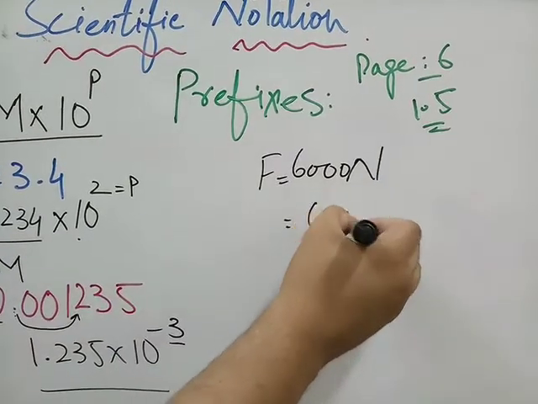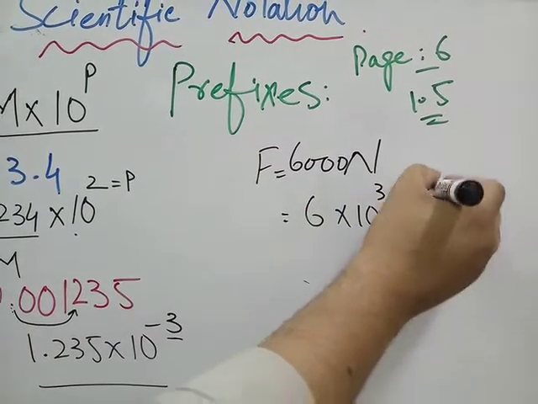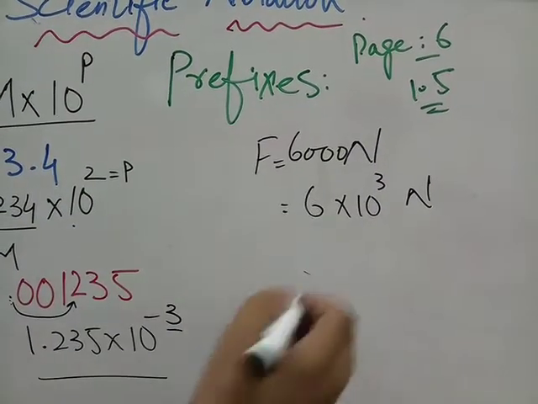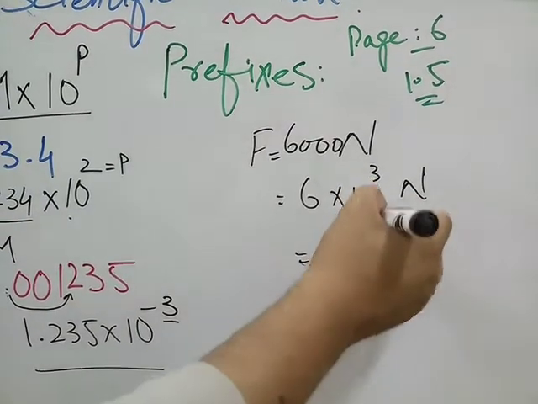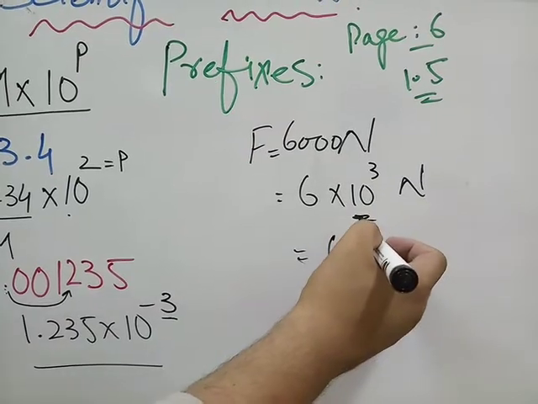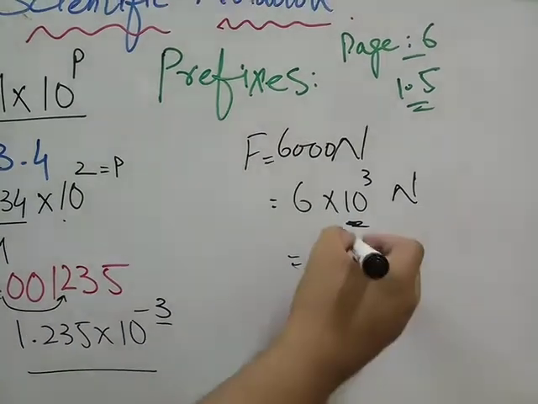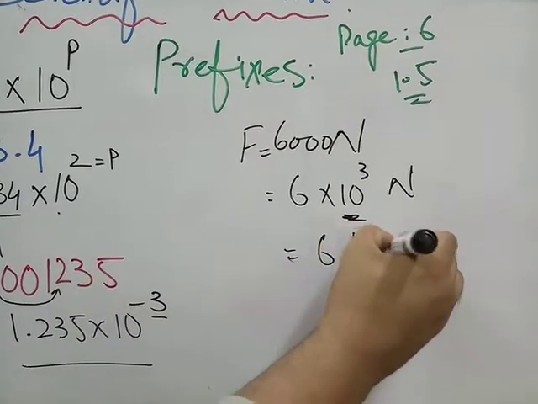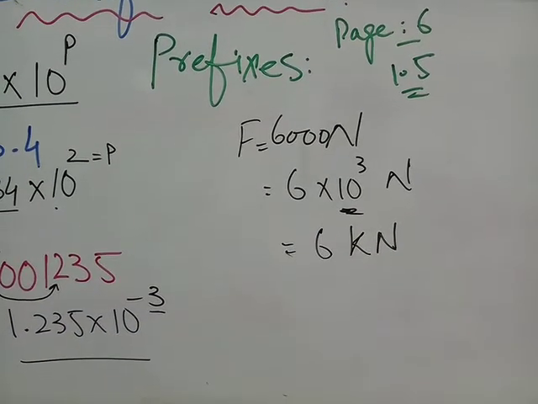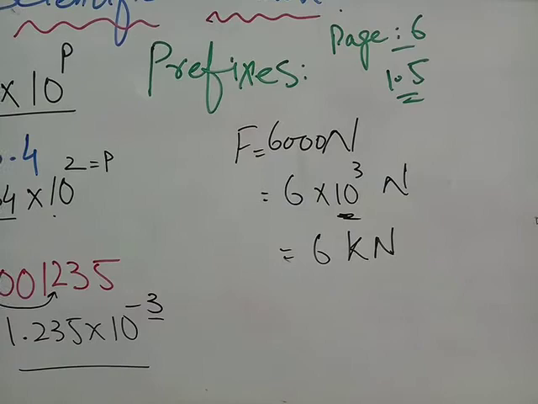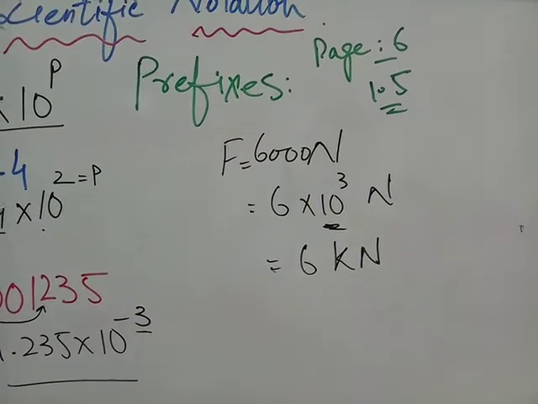So this is 6 into 10 raised to power 3 Newton. For 10 raised to power 3 we can make a prefix, which is kilo. So I can write in the form of prefixes: 6 kilo Newton. So this is an example.